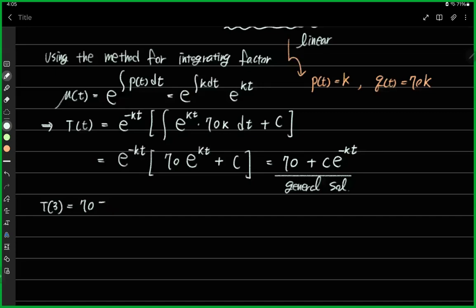Okay. So we got T of 3 is 70 minus 35 times e to the negative 35k, right? So that must be equal to what? The problem says that is equal to 40 degrees Fahrenheit, right?